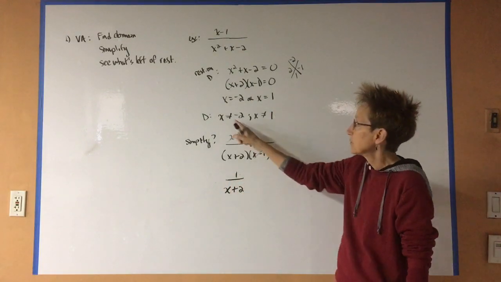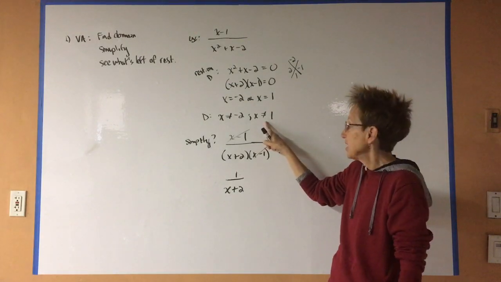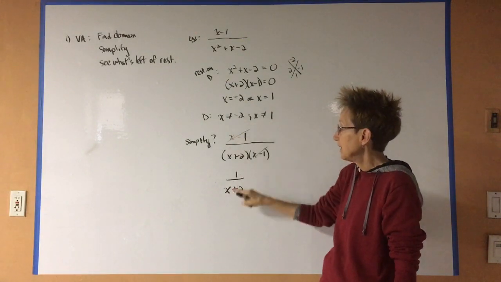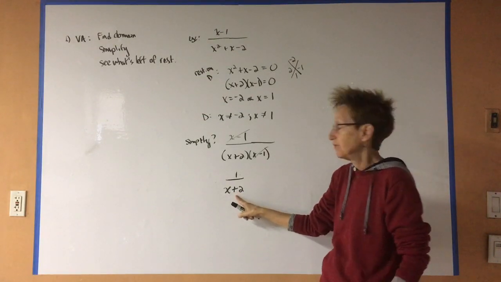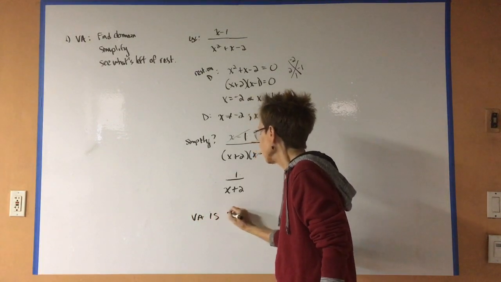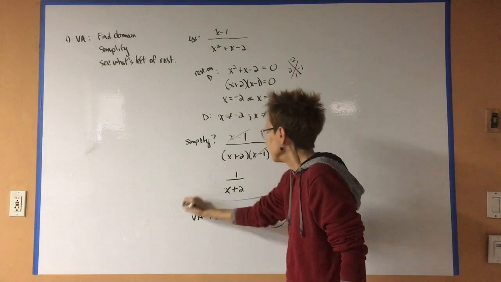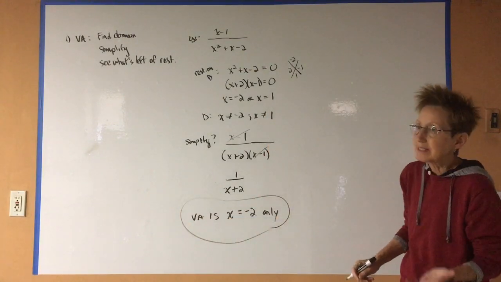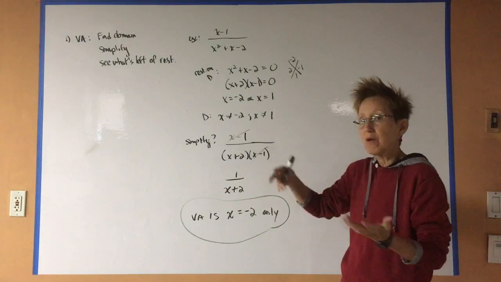So which one of these restrictions went away? The 1 went away, didn't it? So really, the only restriction we now have is x equal to -2, and that's our VA. So the VA here is x equals -2 only. So you've got to look at that simplification process to make sure that some of the restrictions don't fall away.